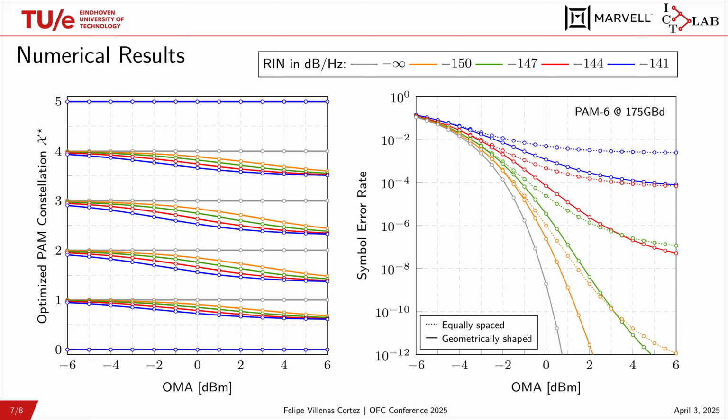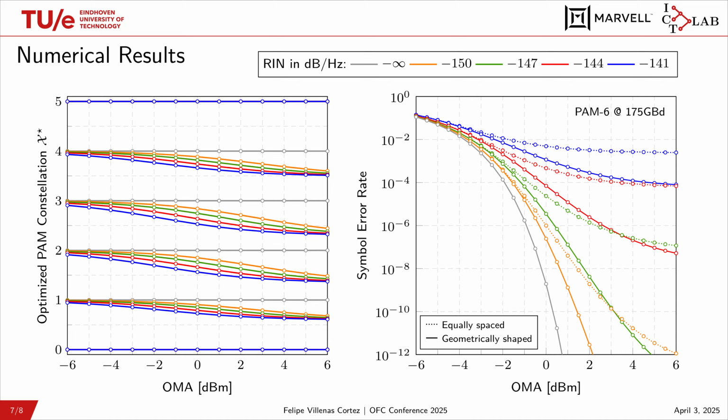And lastly, we have the results for -141 dB over Hertz, which follow the same trend as before, just now the error floor is higher due to the higher RIN parameter, and also the gains that you can achieve with geometric shaping are lower.